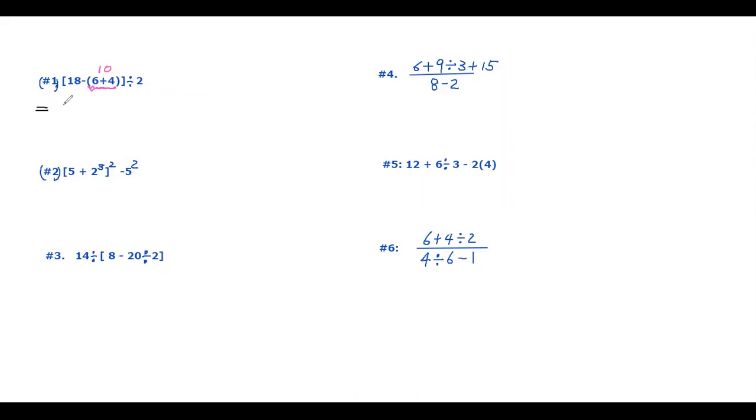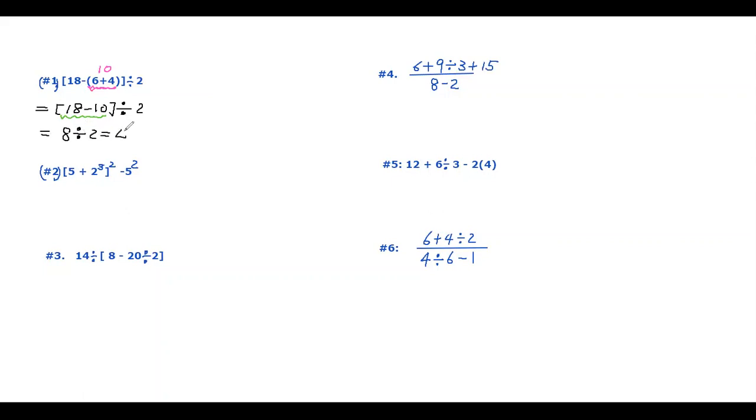Now I can write 18 minus 10, divided by 2. I still have another parenthesis, a bracket, so I need to do the inside first. What is 18 minus 10? It's 8, divided by 2.